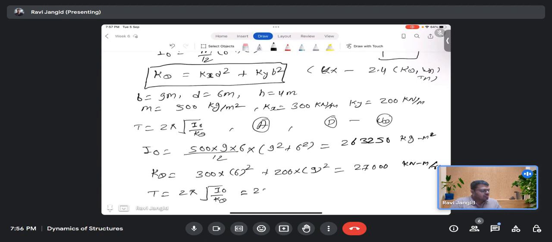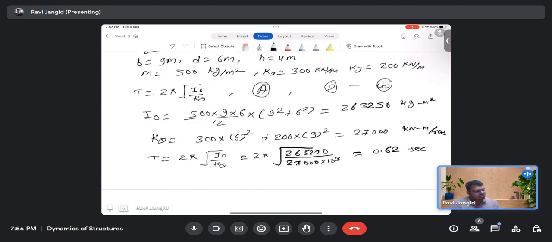So if you do 2 pi root of 263250 by 27,000 into 10 raised to power 3, that will come around 0.62 second. And if you calculate omega n, that is 2 pi by tn, which comes out to be 10.12 radian per second.